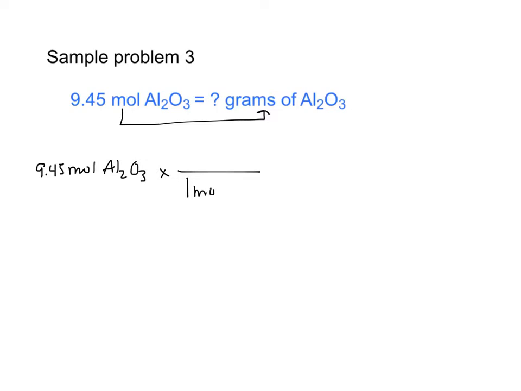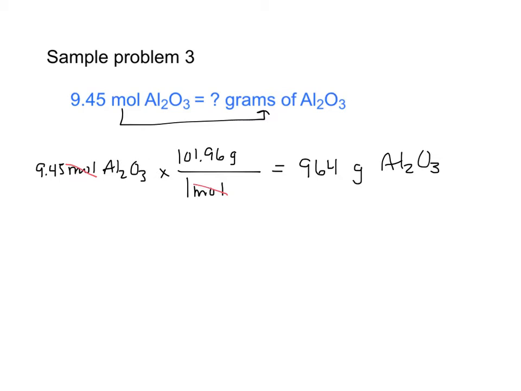So 1 mole on bottom, and my molar mass of Al2O3 you would need to calculate, which I have already done and found out to be 101.96 grams. So now when I go to do my math, my moles will cancel and I'm left with grams, which ends up being 964 grams of Al2O3.